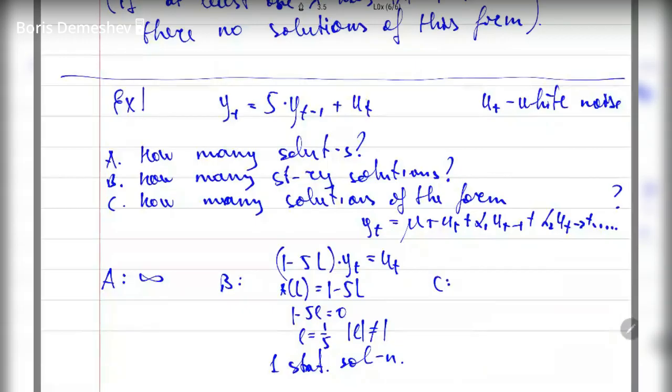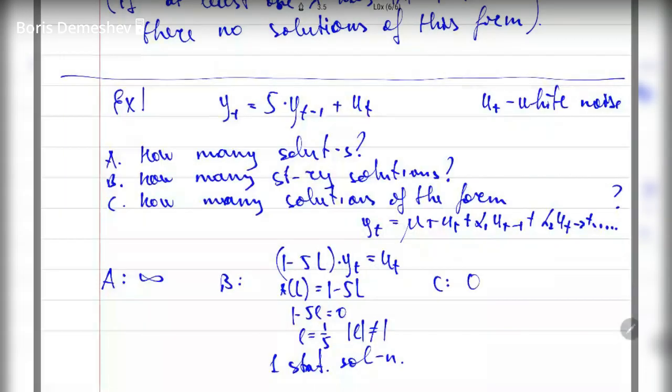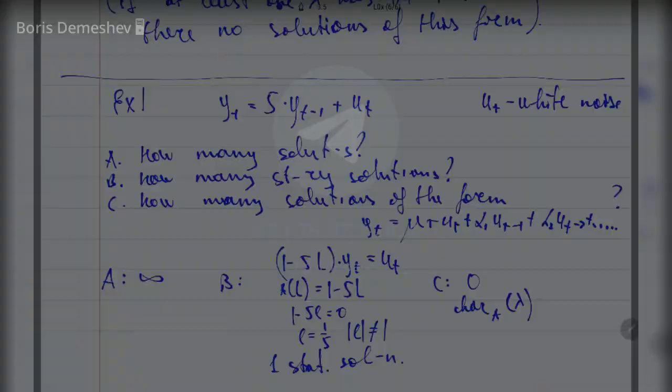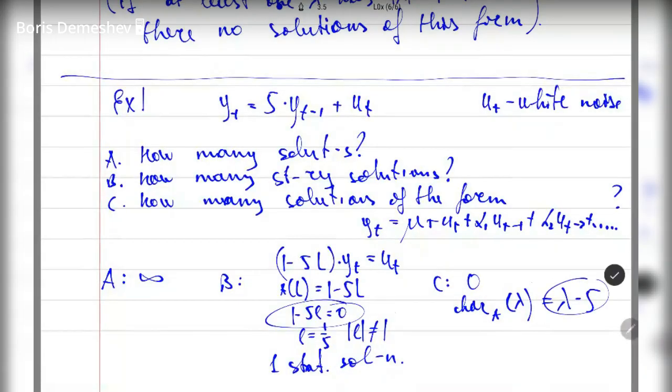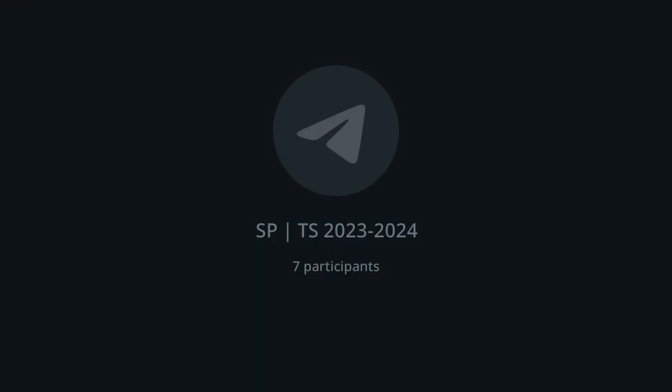So the answer to point C, how many solutions of the MA form do we have? The answer is 0. Why 0? Because if we calculate the characteristic polynomial of the left-hand side, what is it? Lambda minus 5. Yeah, they are very similar, but the power of the unknown increases in the other direction.